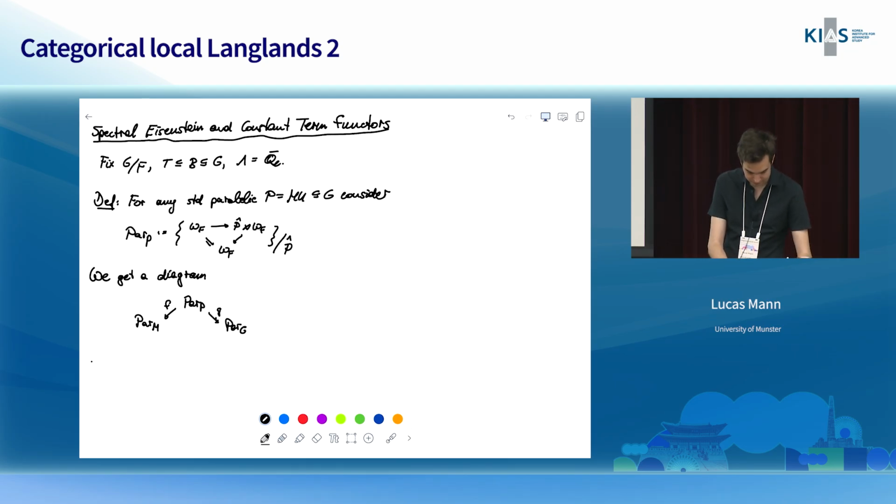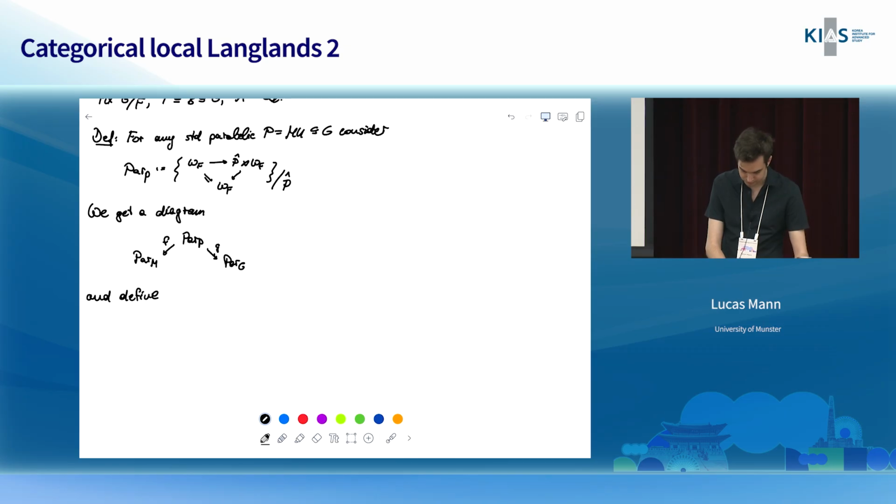Okay, and then we define the spectral Eisenstein functor.